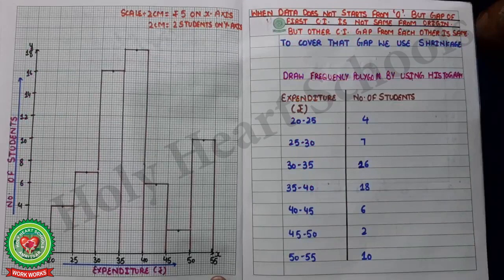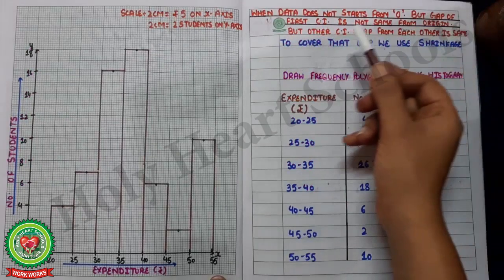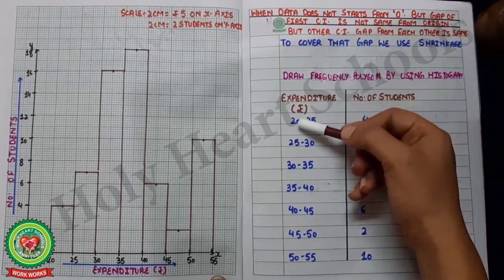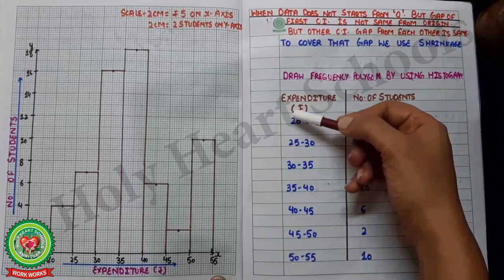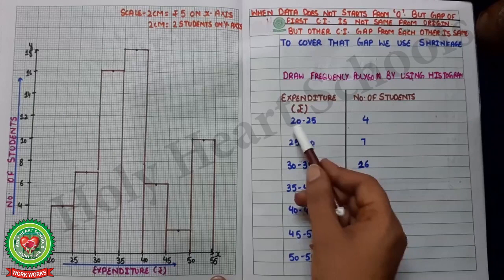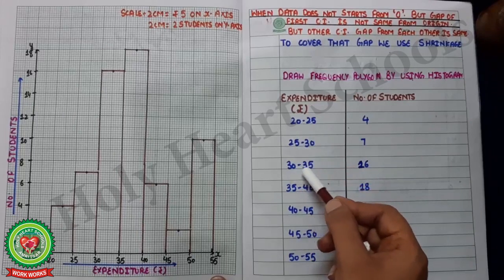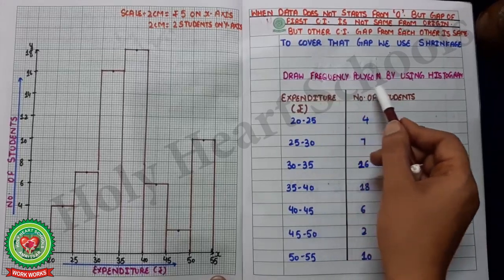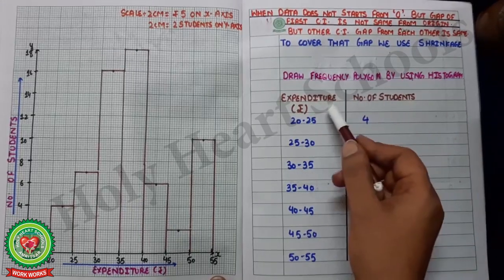Students, we will do case number 3 when data does not start from 0 but gap of first class interval is not same from origin, as here gap is of 20 from origin but other class interval gap from each other is same. Here gap from each other is 5. Now see the statement. It is draw frequency polygon by using histogram.